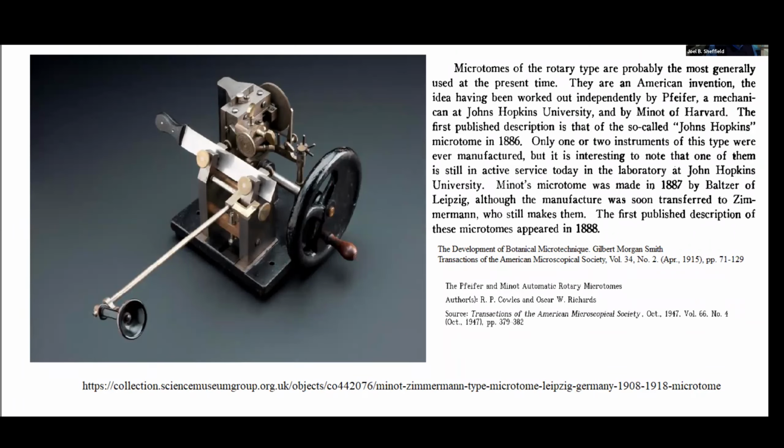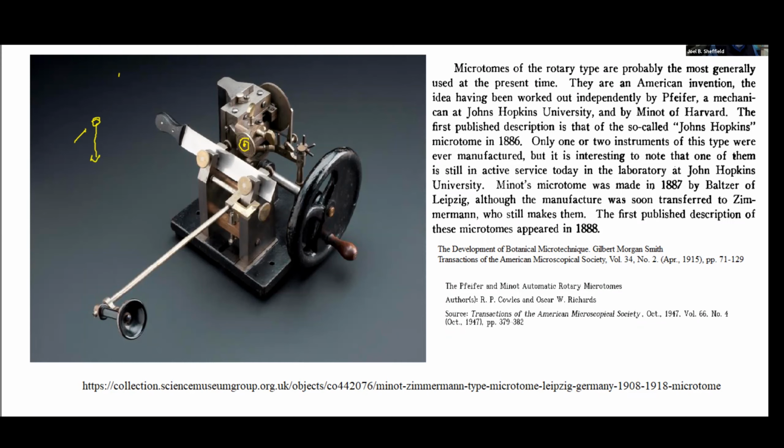So this is the classic example of the Minot version of the rotating microtome. And the idea is you have a crank, and you turn the crank. And in this case, the sample would be sitting on this sort of platform. And as you turn the crank, the sample would go up and down past the knife.